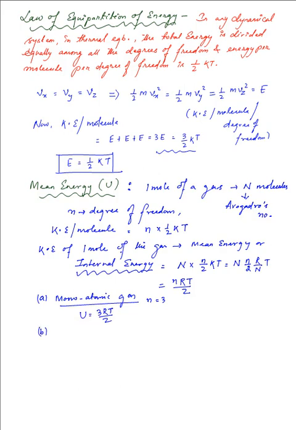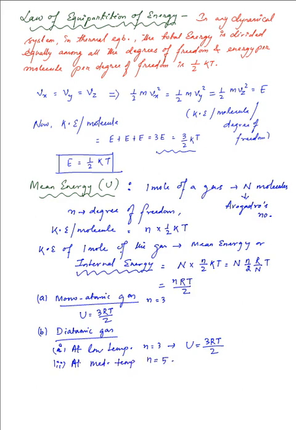Now in case of a diatomic gas, we will again be considering the cases of temperature. At low temperatures, where n is equal to 3, we have U equal to 3RT over 2. For medium temperature, we'll have n equal to 5, and that gives U equal to 5RT over 2.